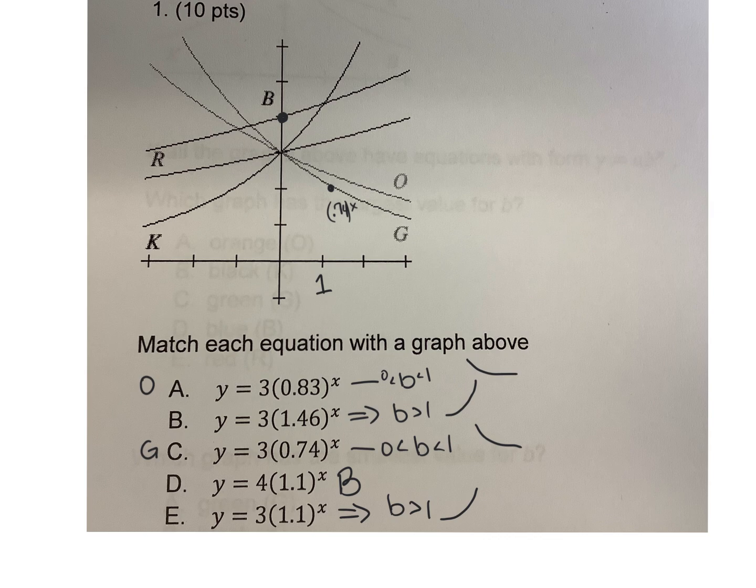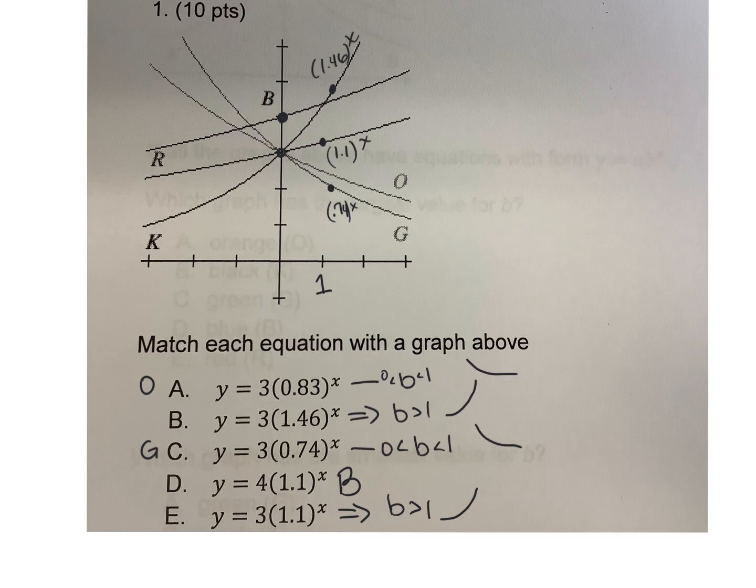And similarly with the others, if I put a 1 in, then 1.1 is going to grow more slowly than the 1.46. So 1.1 base would be here, and of course this one would be your 1.46 because it grows more quickly as you put different x values in.